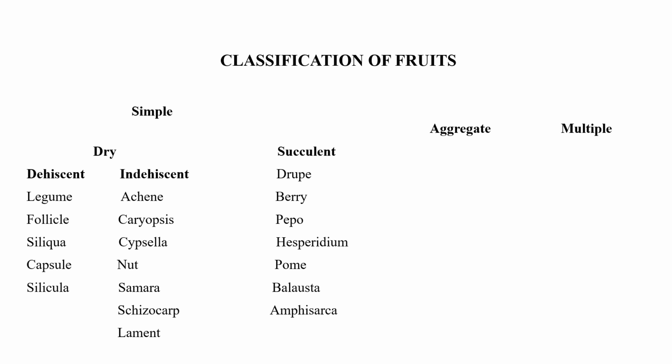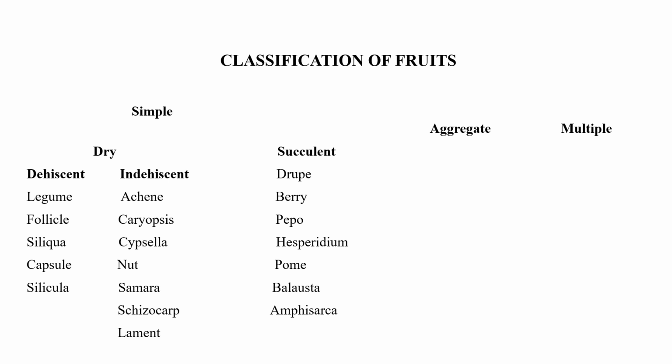And when we talk about dehiscent fruits, we have different classes under them. We have those that are referred to as legumes, we have the follicle, the siliqua, and the capsule. In most cases, they have been classified by the way in which they split open. For example, legumes normally split open at one side longitudinally.